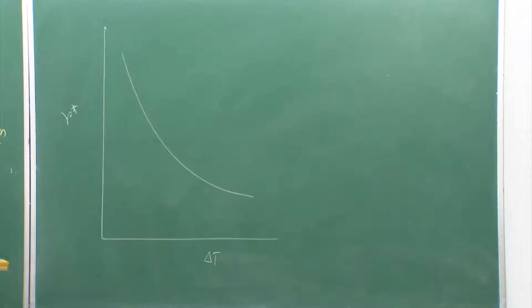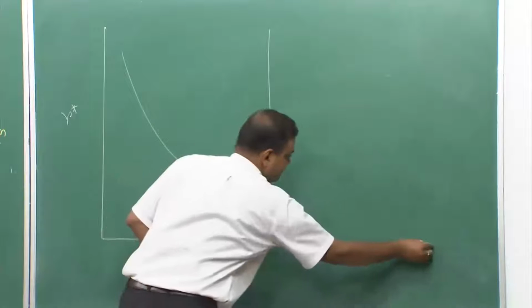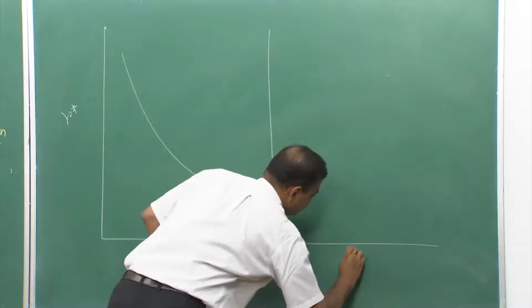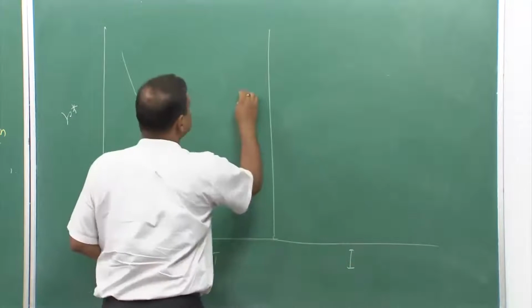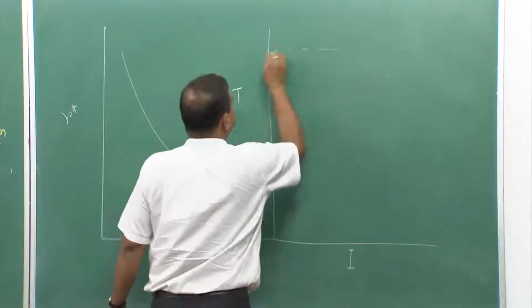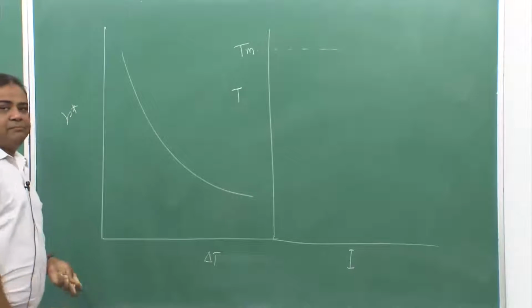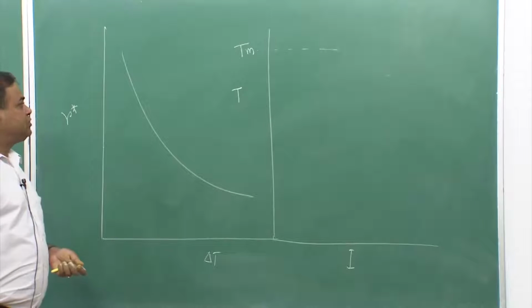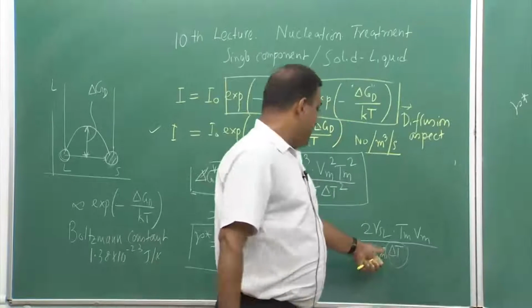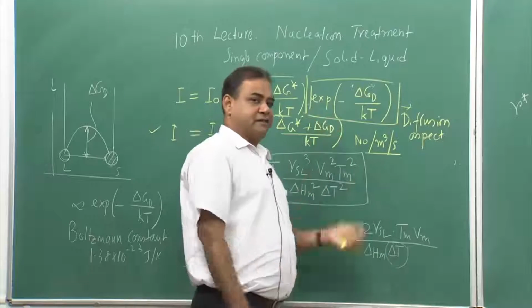Now, if we try to plot I variation as a function of temperature, let us say this is my T m, which is the melting temperature. At T m, what would be the value of R star? At T m, delta T is 0, R star is infinite.